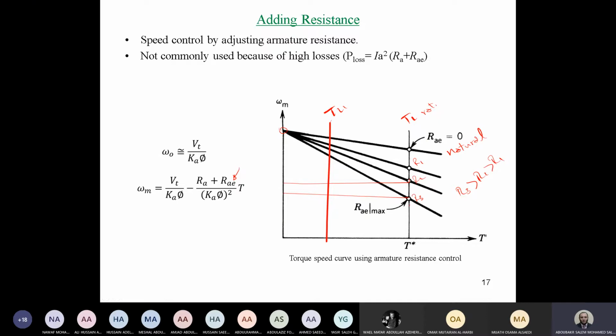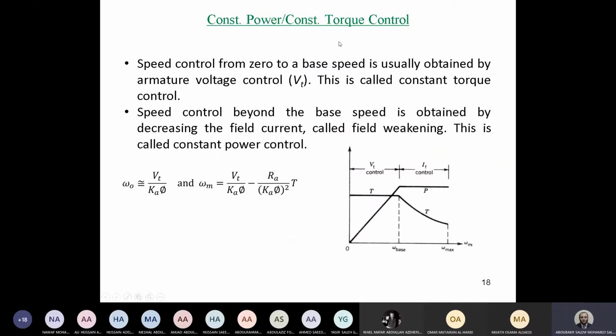So it's not preferred to control the DC motors using adding resistance, because the losses will be increased and the efficiency as well will be decreased. So these are, Shabab, the three different methods now. We have voltage, field, and adding resistance.